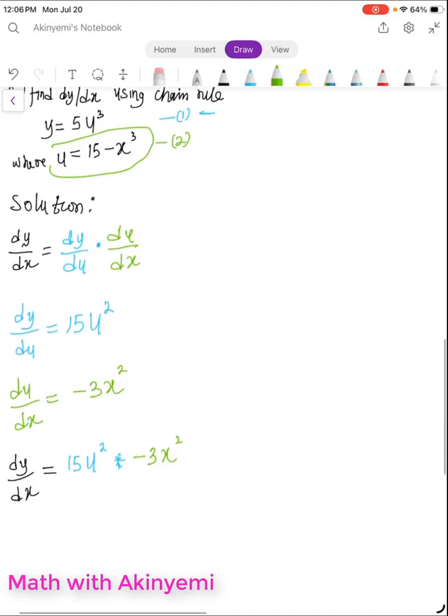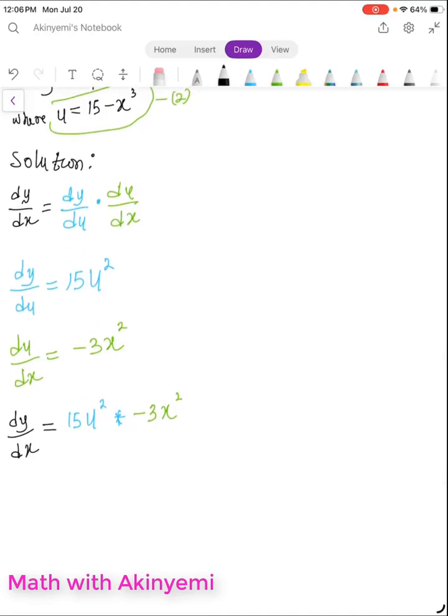So we can say dy over dx, which is equal to, when we open the bracket, minus 45 x square u square.